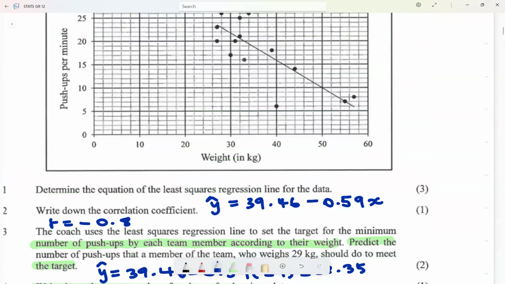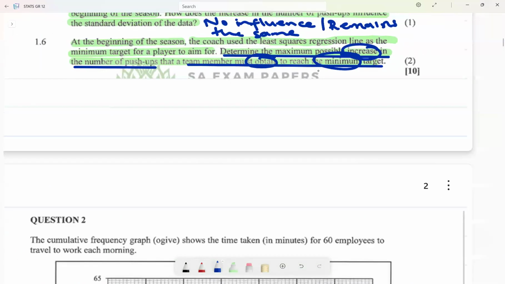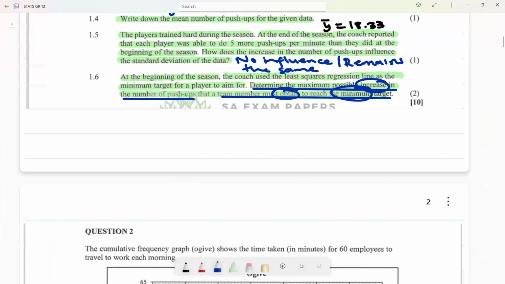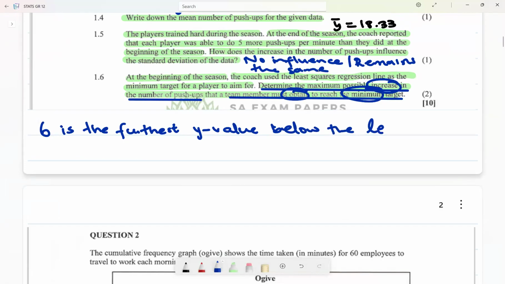Let's check this one. You'll say 6 is the furthest y value below the least square regression line.